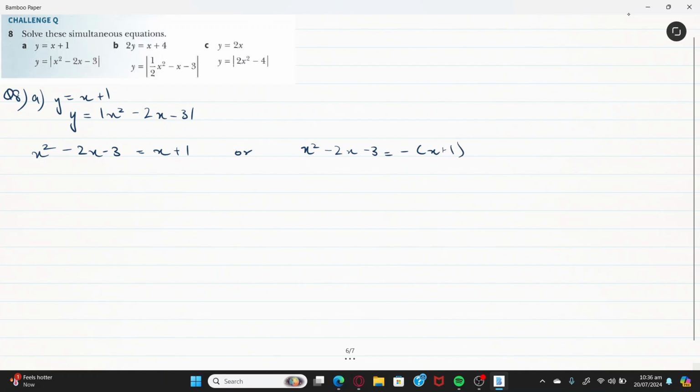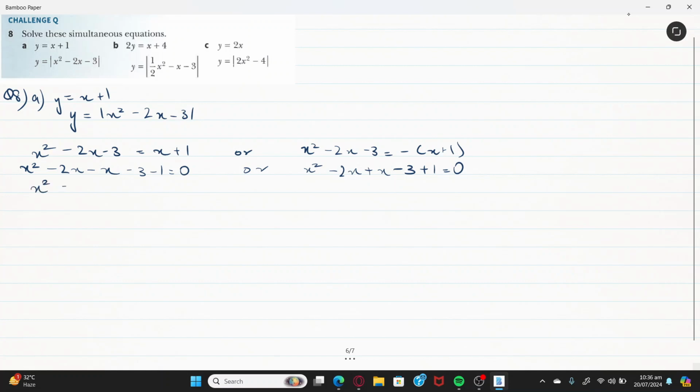Again, simplify both of these equations. x squared minus 2x minus x minus 3 minus 1 is equal to 0, or x squared minus 2x, negative x will become positive x here, negative 1 will become positive 1 here. So negative 3 plus 1 is equal to 0. Again, simplify this up.